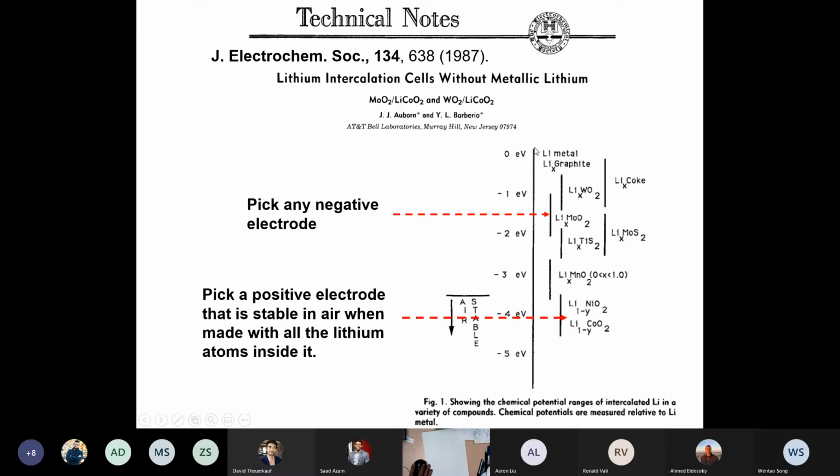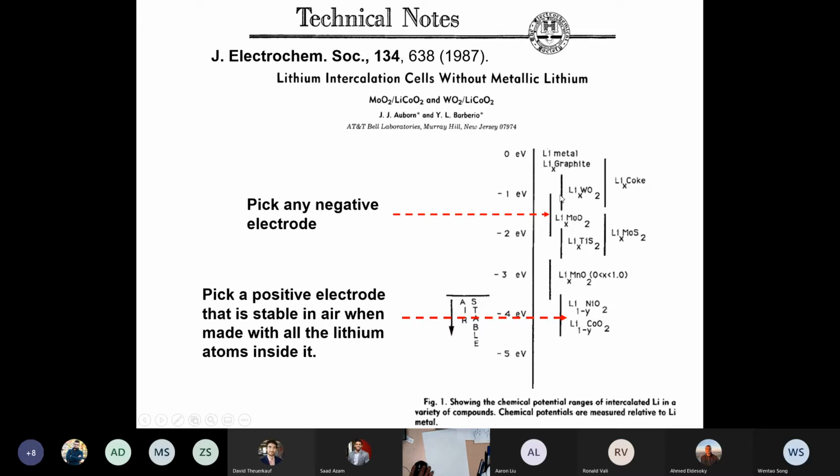And what you want for a high voltage lithium ion cell is a negative that's very different in its binding energy for lithium inside the material. So graphite is, of course, right way up here, which gives you the biggest voltage difference, and you can make a 4-volt cell roughly.